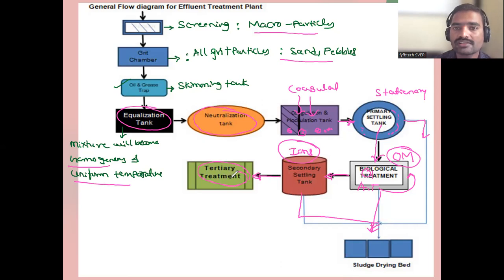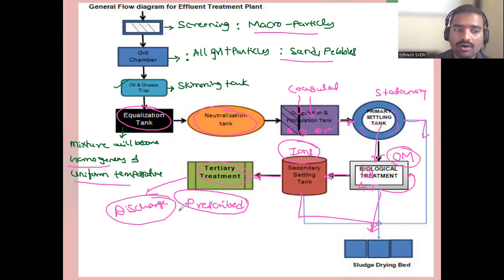If your sewage meets the prescribed IS codal provisions, with all the normal values, then it is disposed of or discharged, or it is treated again here. So the preliminary, primary, secondary and tertiary treatment is done for the sewage or effluent.